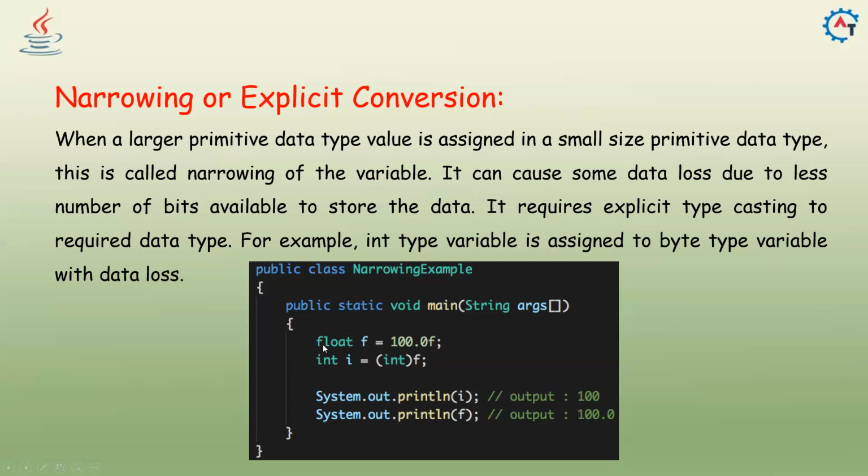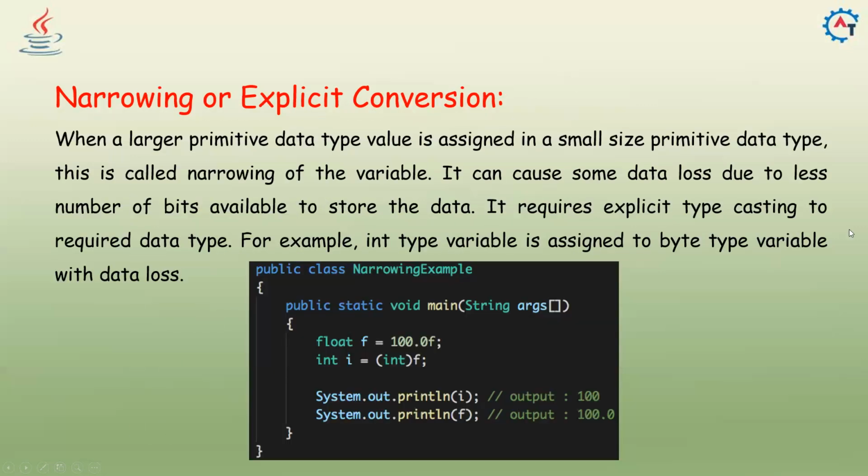Then float is converted into integer. But when you try to print, actually it would print 100.0, but it will print 100 only. The reason is an integer value will store only the whole number. It will not take the decimal values, so it will skip the decimal value. So you lost the decimal value when you converted from float to int. Okay.